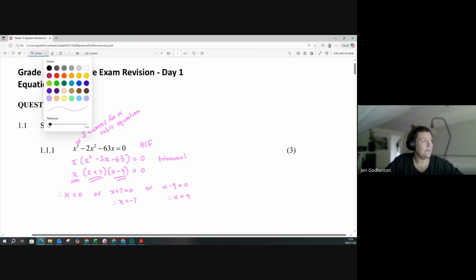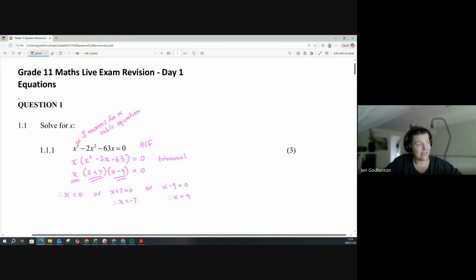Now for this one, the way that the marks would work is you would get a mark for taking out your highest common factor. You'd get a mark for doing your trinomial factorization, and then you would get 1 mark for all three answers. So if you've missed out one of the answers, you wouldn't get that last mark. Because a very common place is people forget about that x is equal to 0.